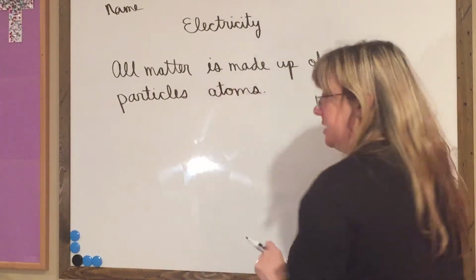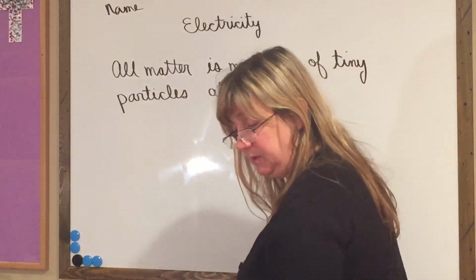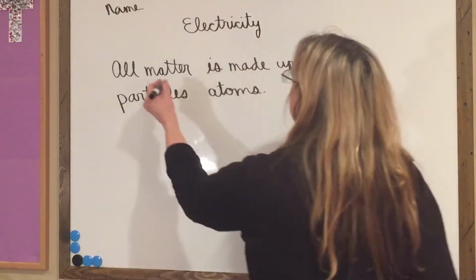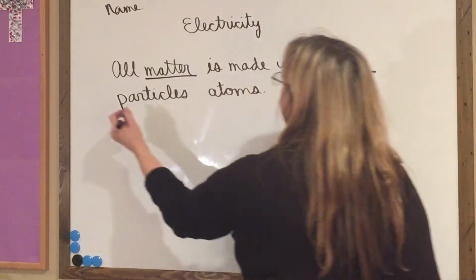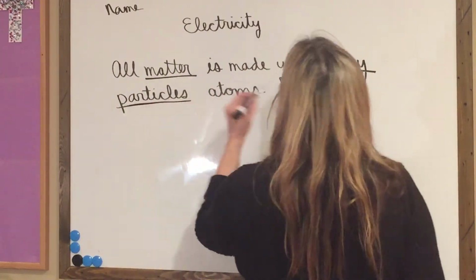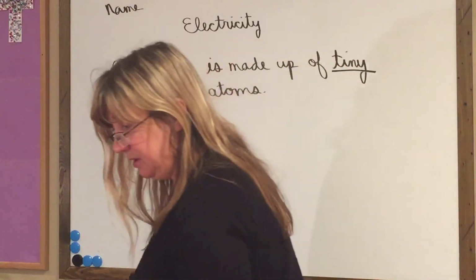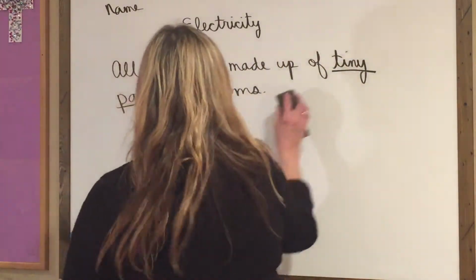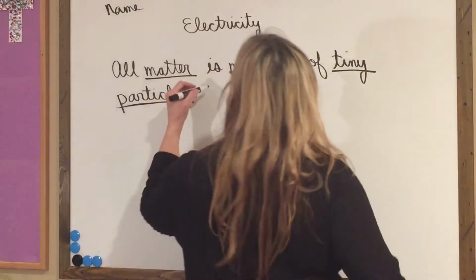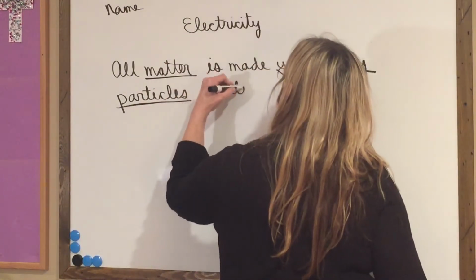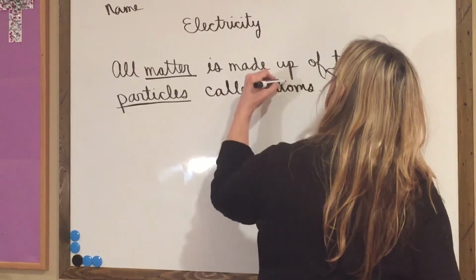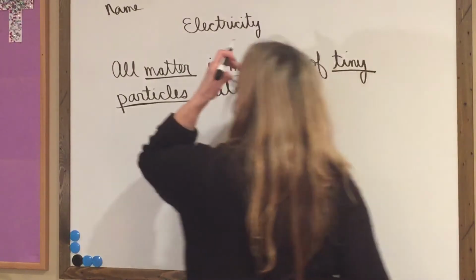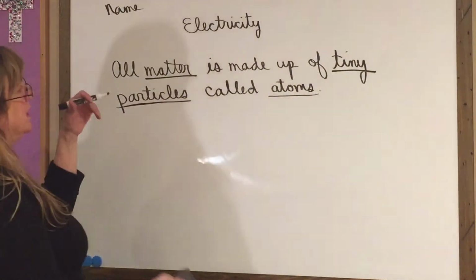And I'm going to underline some of these words. Matter is made up of tiny particles. Wait, I forgot the word called, didn't I? All right. All matter is made up of tiny particles called atoms. So that is the definition of what an atom is, what matter is, okay?